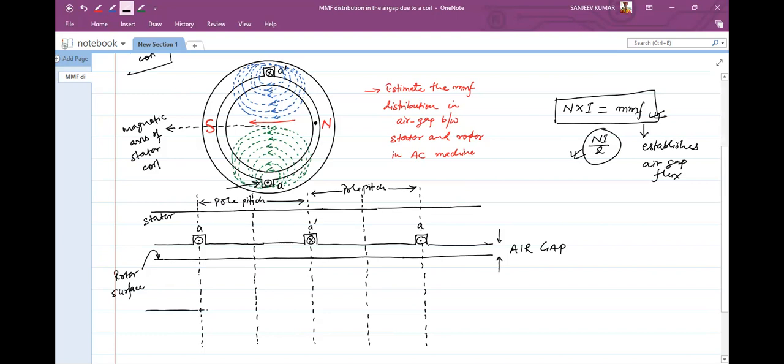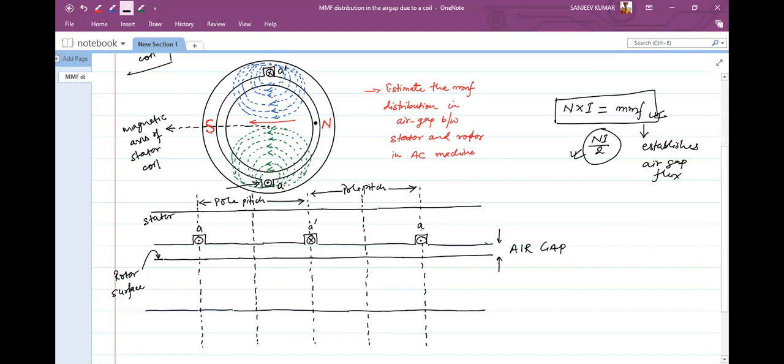Now let us draw the MMF lines. Now this is the axis. Here we see that this complete part is S, since it is the magnetic axis of the stator.